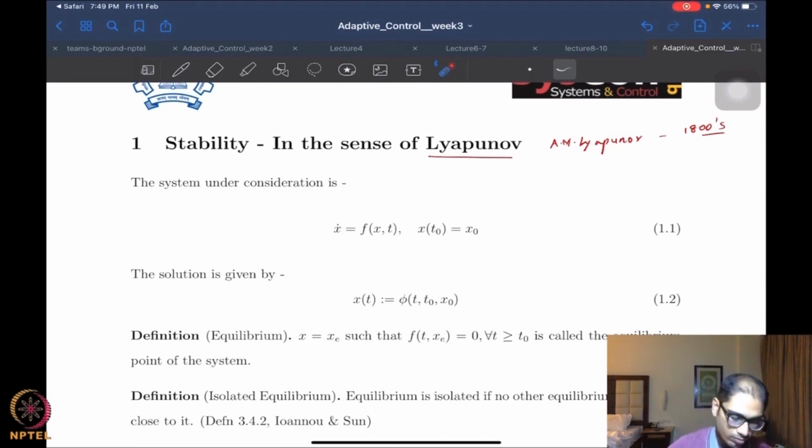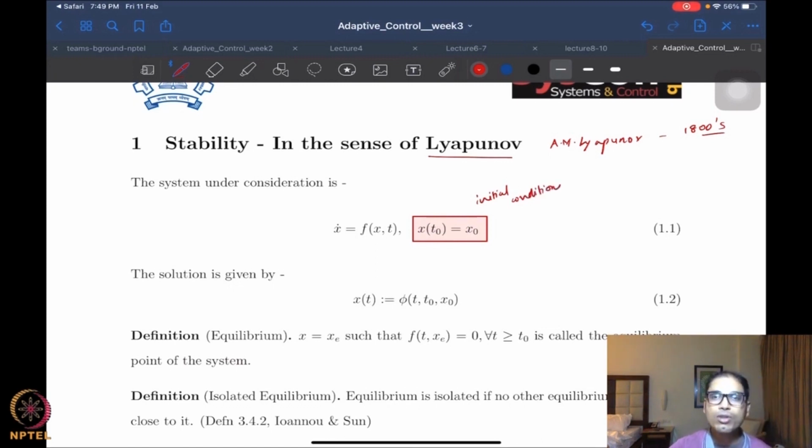Without this initial condition, the system is not considered to be fully specified.